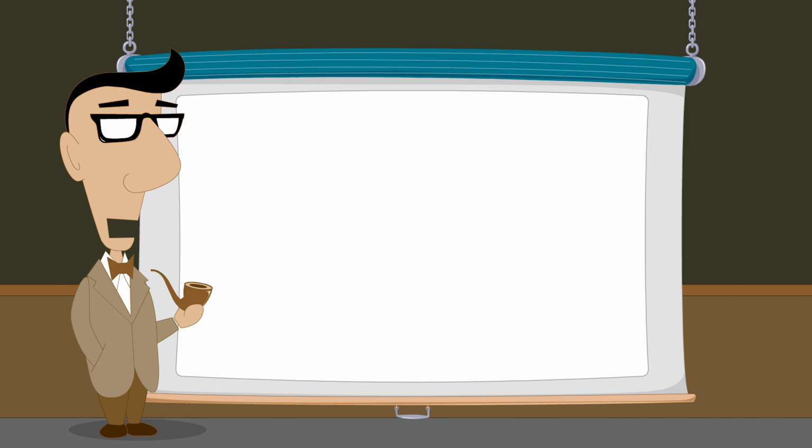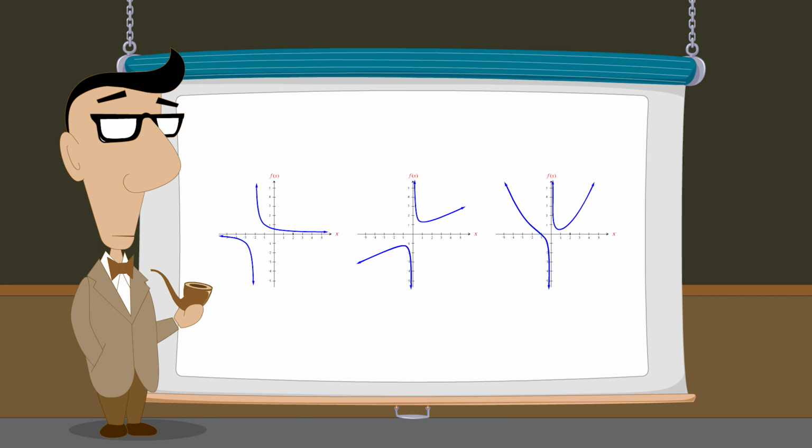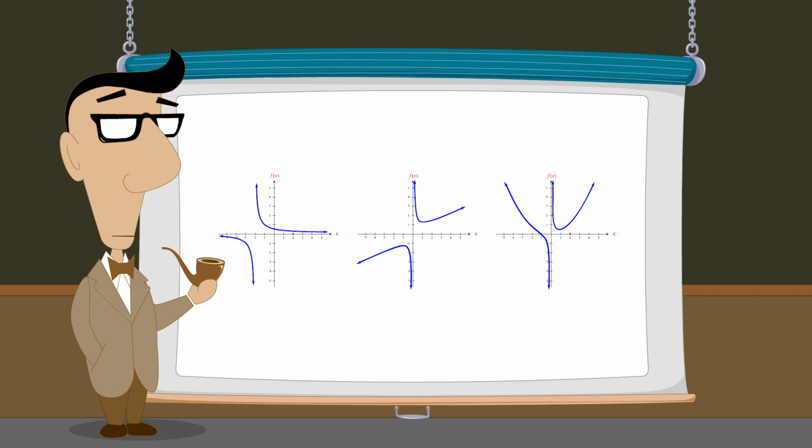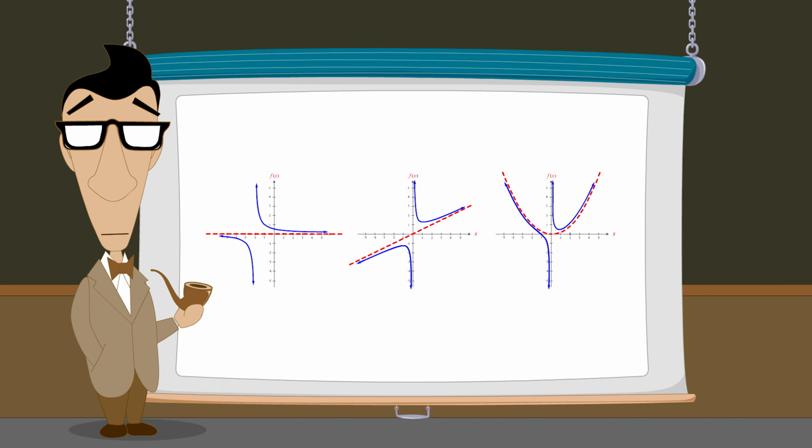So, unlike vertical asymptotes, which occur at x values where the function's denominator approaches 0, causing the function's value to grow infinitely large, non-vertical asymptotes occur when, as x takes on increasingly large positive or negative values, the graph's distance to the asymptote becomes increasingly small.